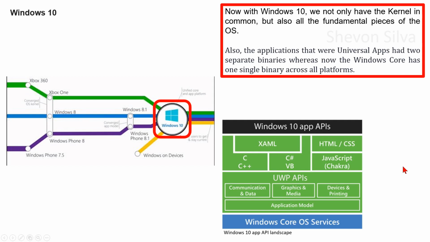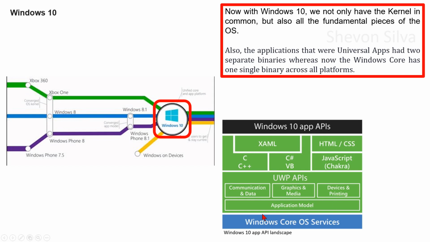Here you can see the Windows 10 app APIs. Below that you can see XAML, and below that C and C++, C#, VB, and here you can see HTML, CSS. Below that JavaScript, Chakra, and below these languages you can see UWP APIs: communication and data, graphics and media, devices and printing.